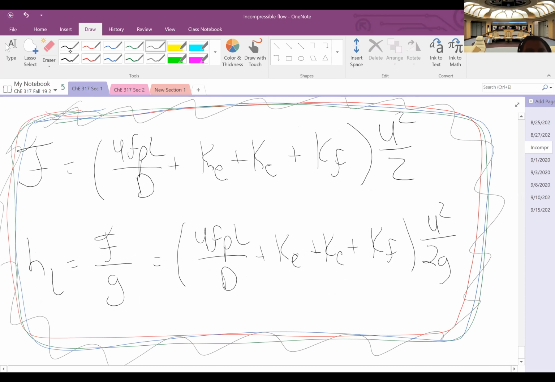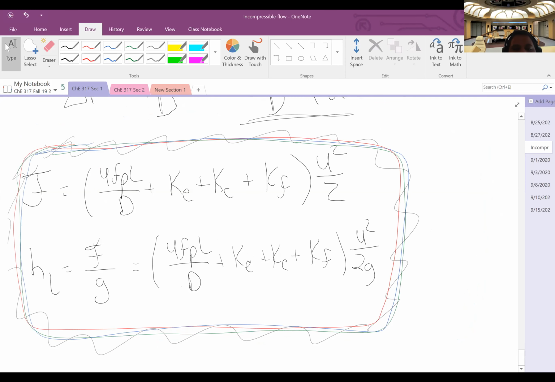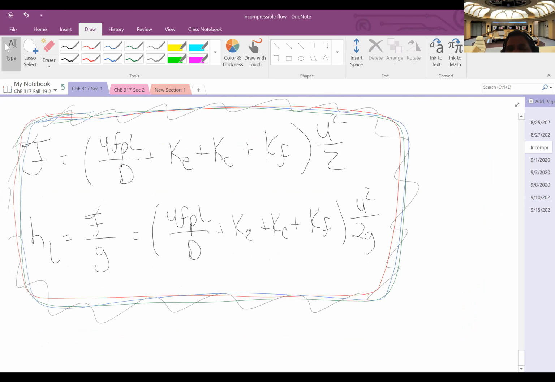We spend a lot of time on skin friction because primarily that's the key in most flow systems, especially when you're looking at long lengths. But we also have to consider any expansion that occurs, any contraction that occurs, and the fittings that exist within our flow system. Knowing all this, we can combine all 4 of these terms together to quantify frictional dissipation in flow.